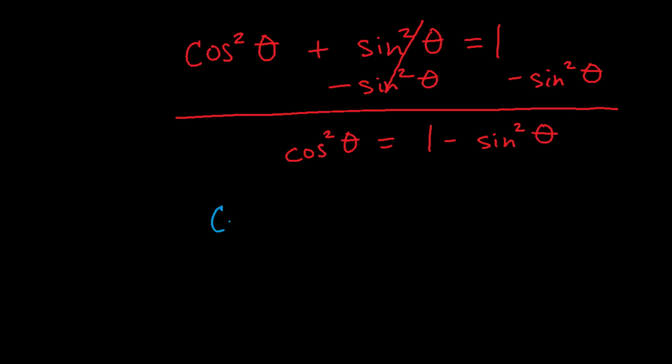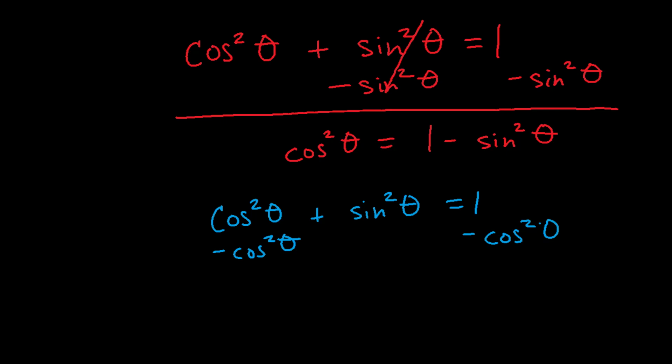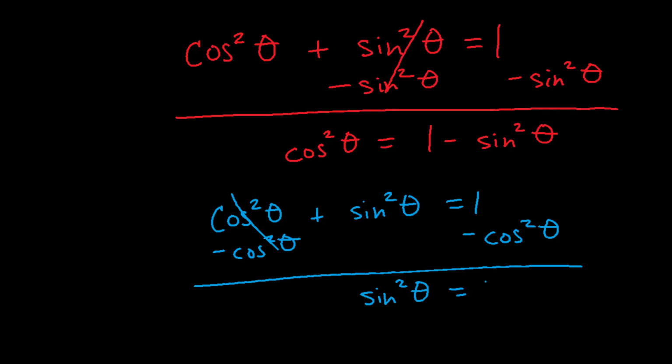Similarly, another way that you will often see this identity written is by subtracting cosine squared theta from both sides of the equation. This leads to cosine squared canceling, and we will get sine squared theta equals 1 minus cosine squared theta. These are all different versions of this same identity.